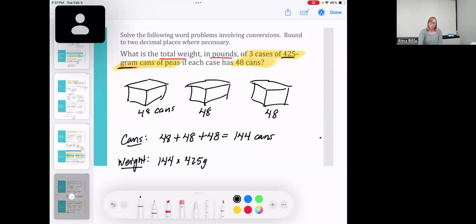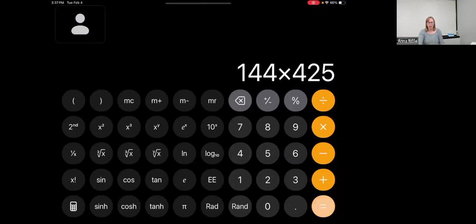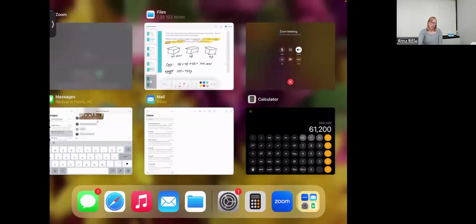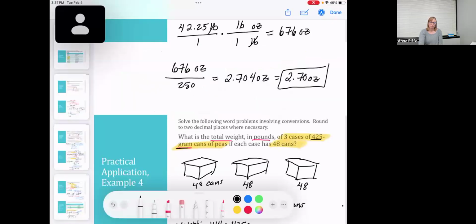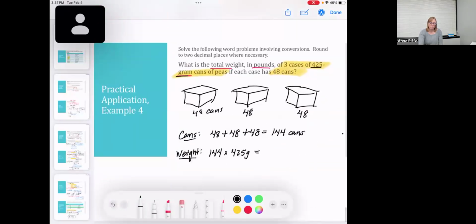Bring back my calculator, can't do that one in my head. 144 cans times 425 grams per can. That gives me 61,200 grams.